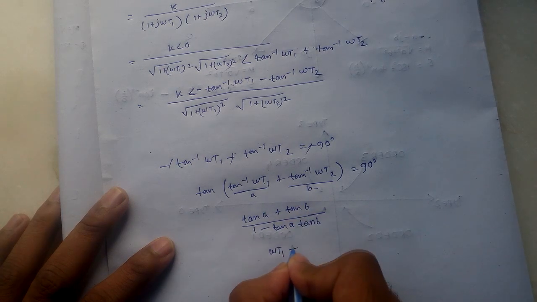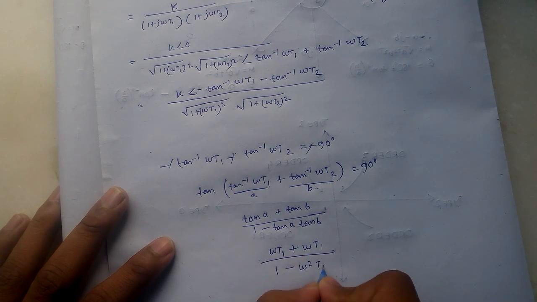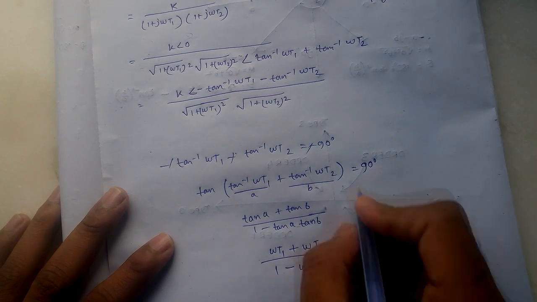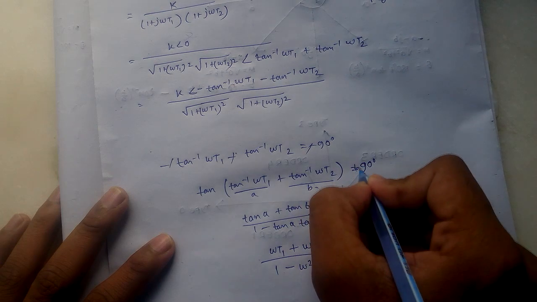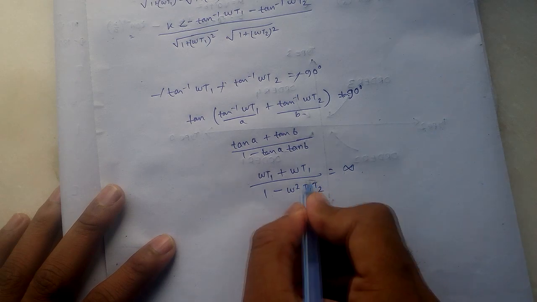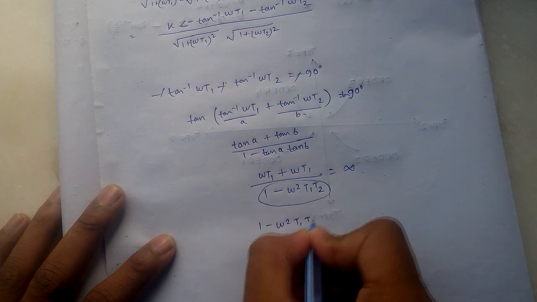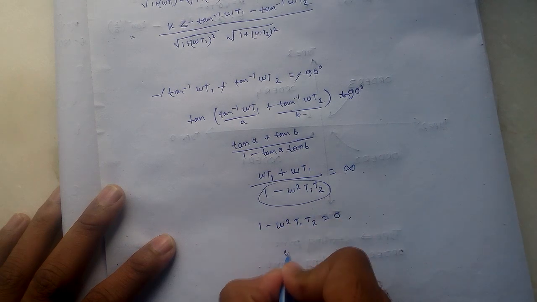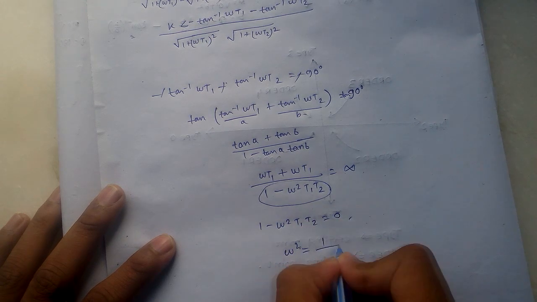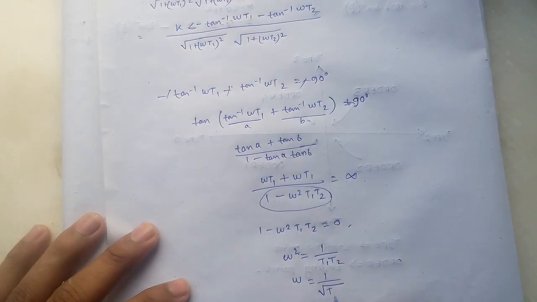So this will be plus omega t2, divided by 1 minus omega square t1 t2, and that is equal to tan 90, which becomes infinity. So to become infinity, we must satisfy 1 minus omega square t1 t2 equals 0. So omega square equals 1 by t1 t2, so omega will be 1 by root of t1 t2.